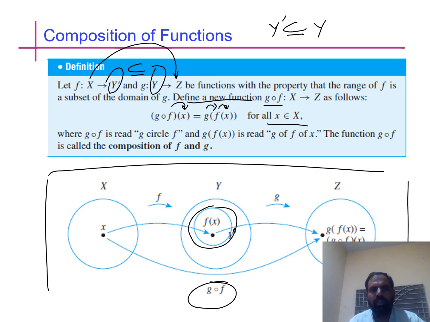The function g circle f is called the composition of f and g. Here is the function f from X to Y, here is the function g from Y to Z. Then g circle f is the function from X to Z.